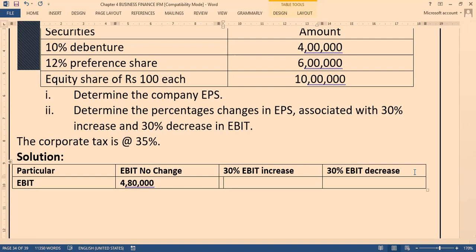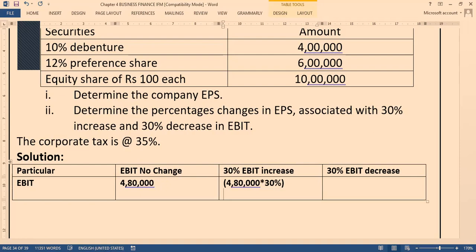Suppose if you take this, that means we have to increase. So open the bracket, 4,80,000 into 30%, that fetches approximately 1,44,000.